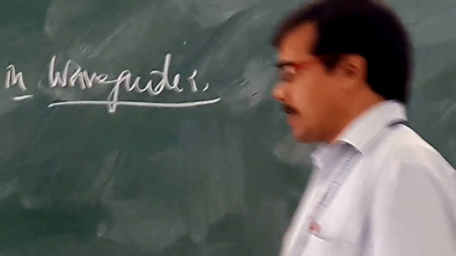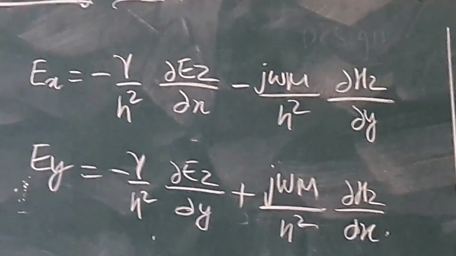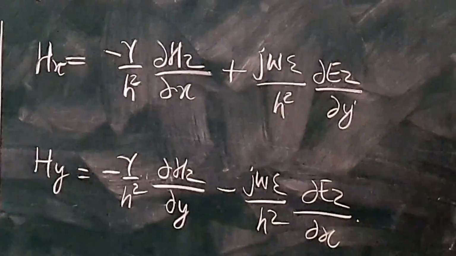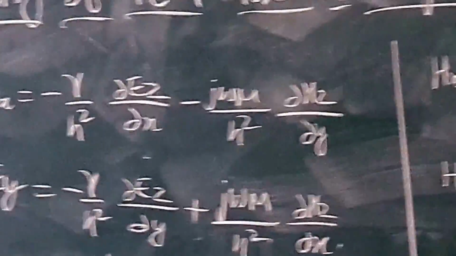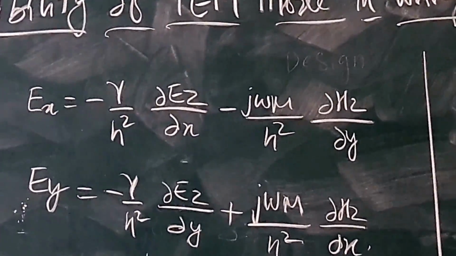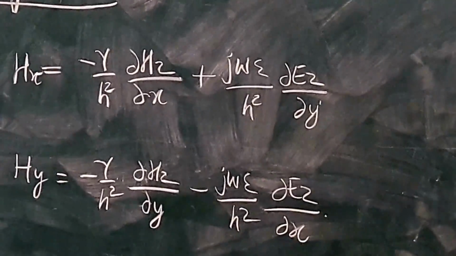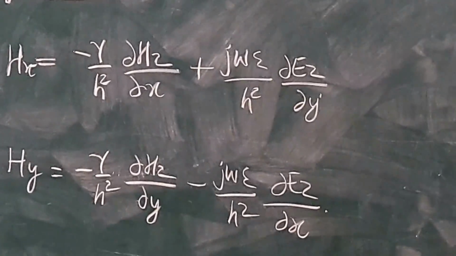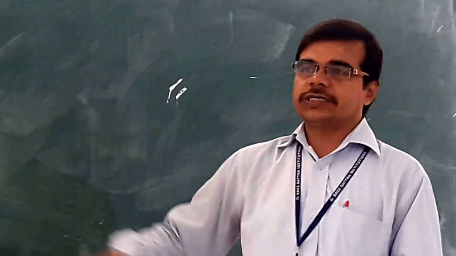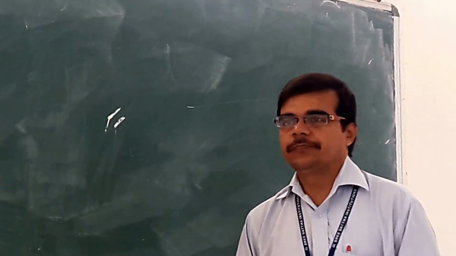We have derived these equations: the equation for the electric field in the x-axis, the electric field in the y-axis, similarly the magnetic field in the x-axis, and the magnetic field in the y-axis. These are the equations we derived earlier.